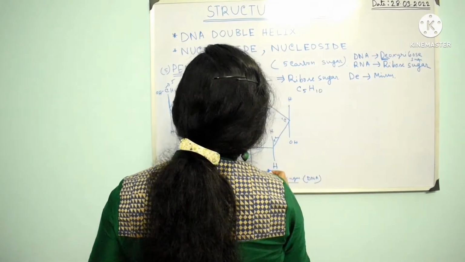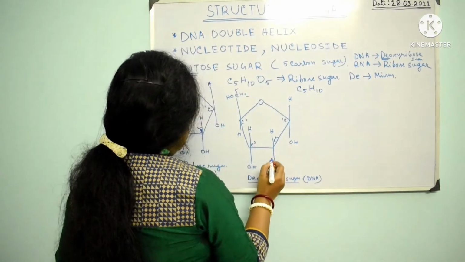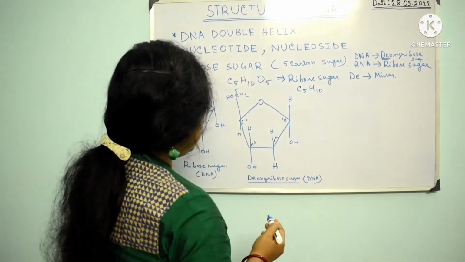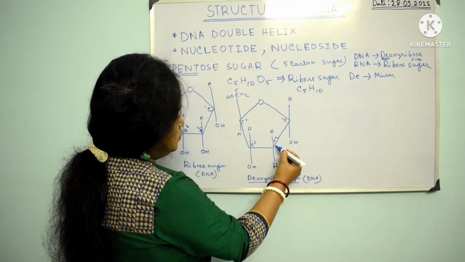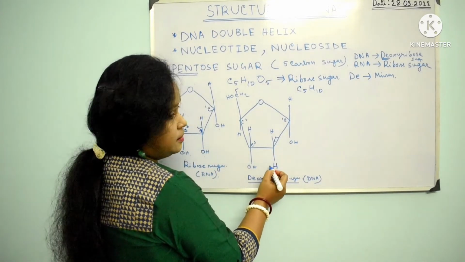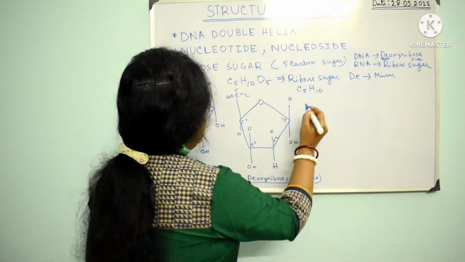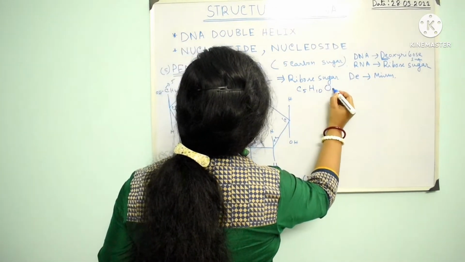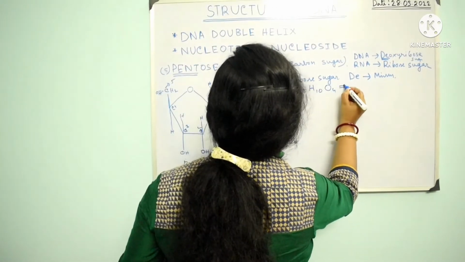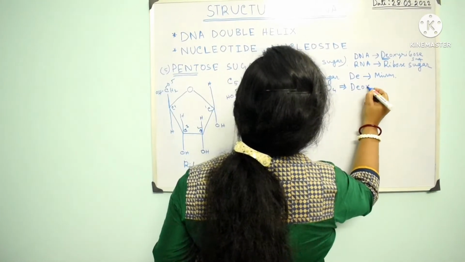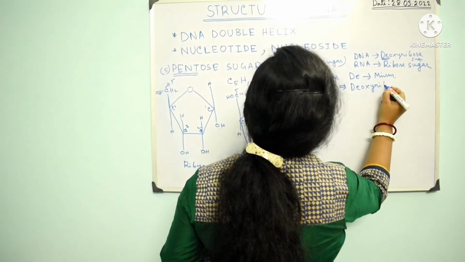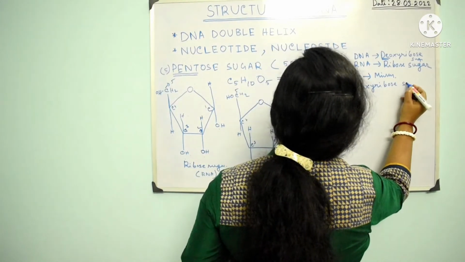C5H10, and be careful, just remember about this 2 carbon. Here O is out, so a single O less, O4, and this is deoxyribose sugar.